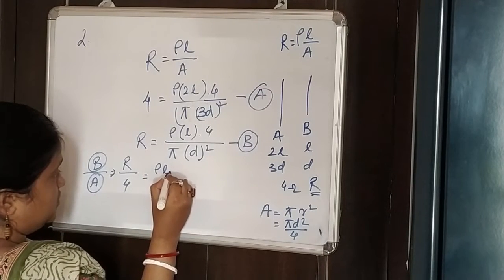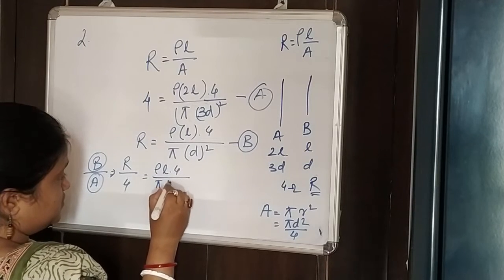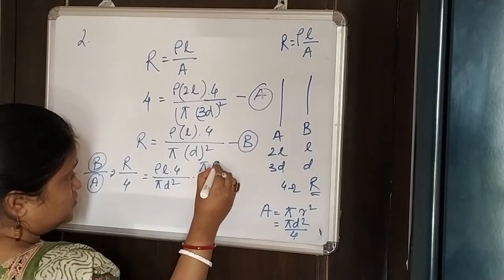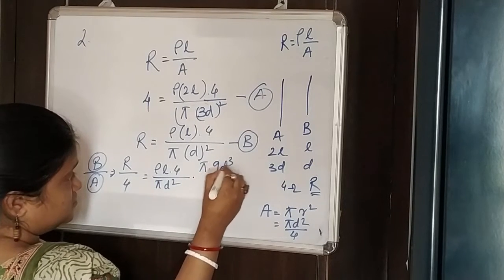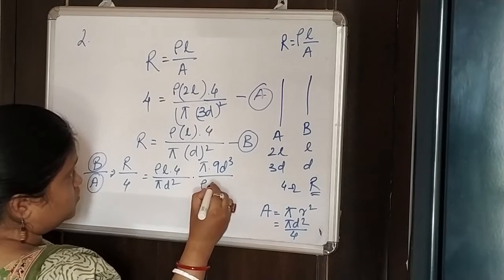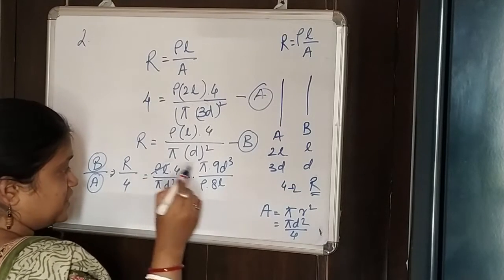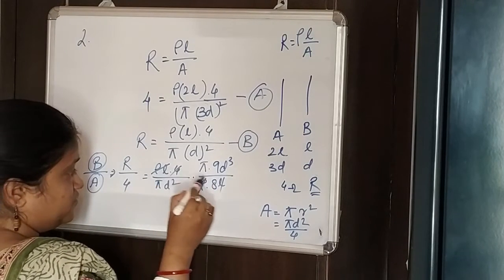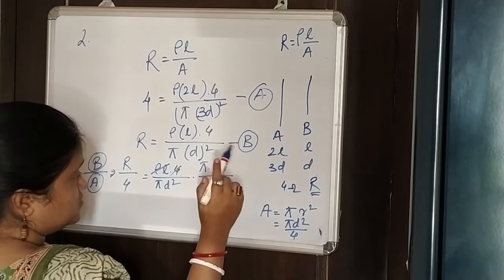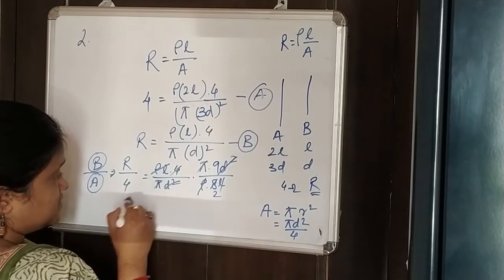rho L into 4 by pi d square into pi into 9 d square divided by rho into 8L, right? So rho L gets cancelled, 4 gets cancelled, pi d square gets cancelled.